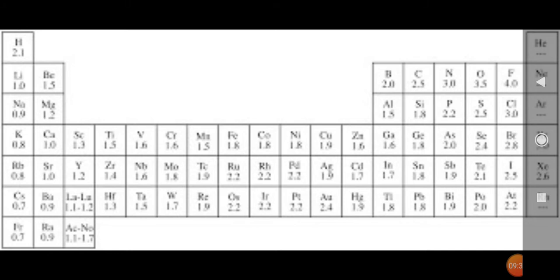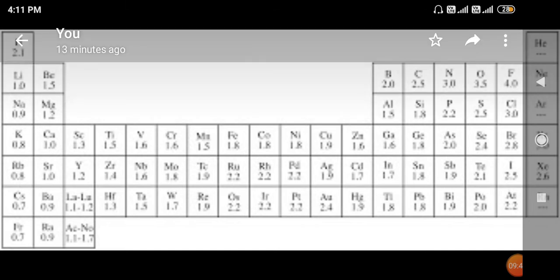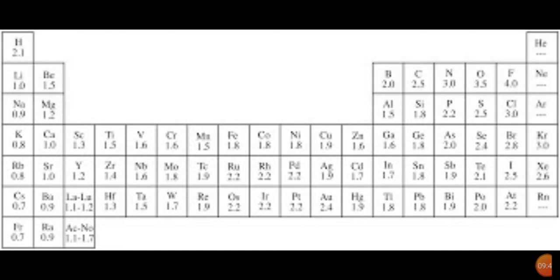Linus Pauling is the scientist who gave the table which represents the electronegative values of different elements. This is the table showing the electronegative values of different elements. Out of all elements, fluorine has the highest electronegative value, that is 4.0.